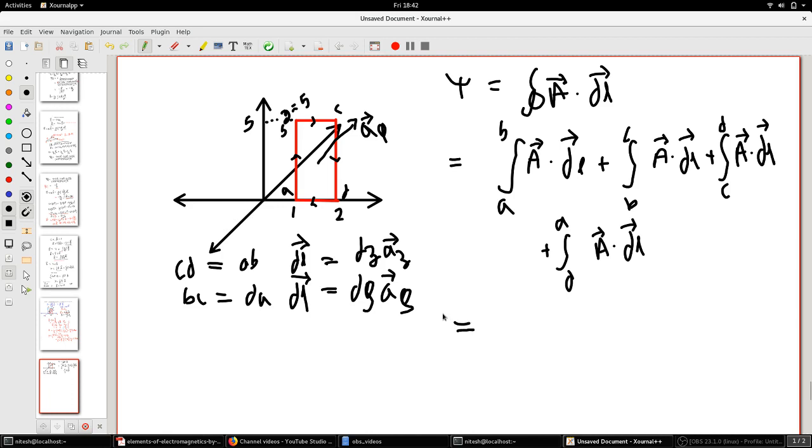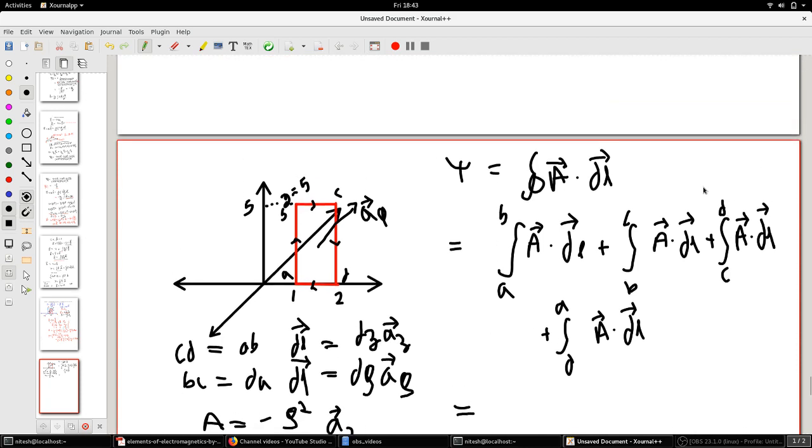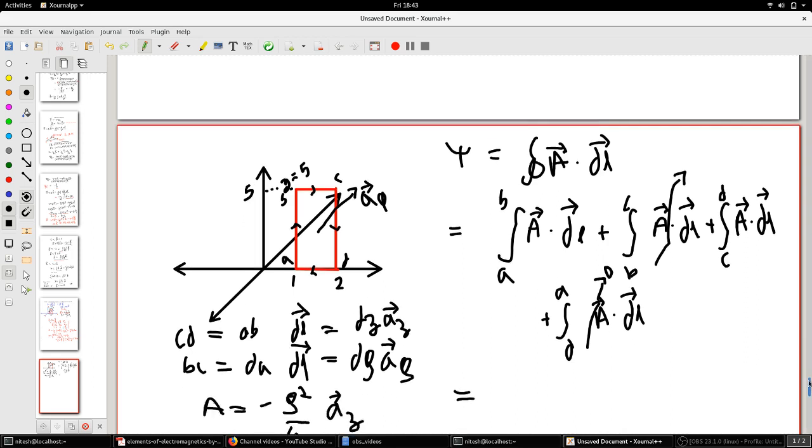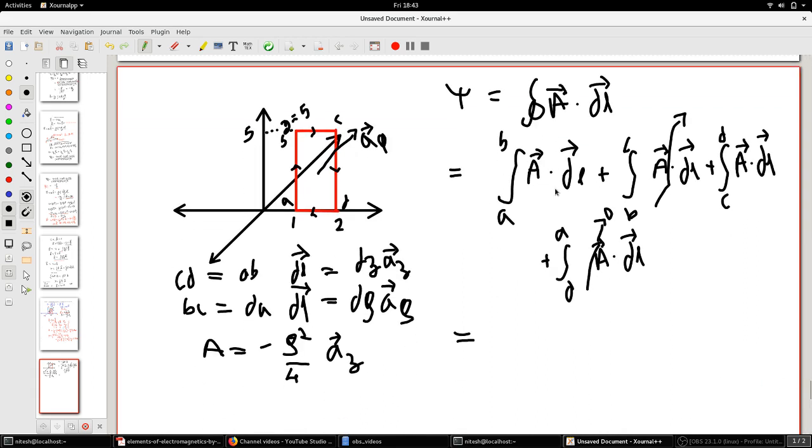So if it's d rho a rho, I know my A is equal to minus rho square upon 4 az. So what will happen is the dot product of the two, CD will go to 0, BC will go to 0, and AD will go to 0. So they will get cancelled out to 0, and I'll be remaining with only these two paths.